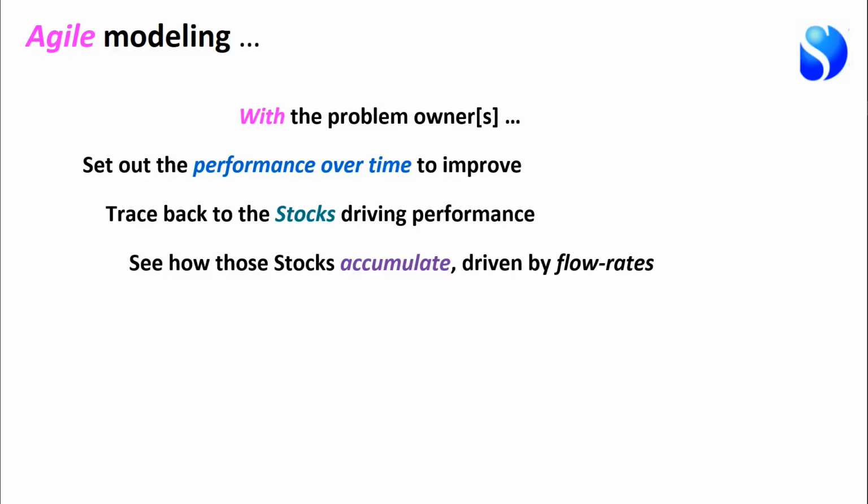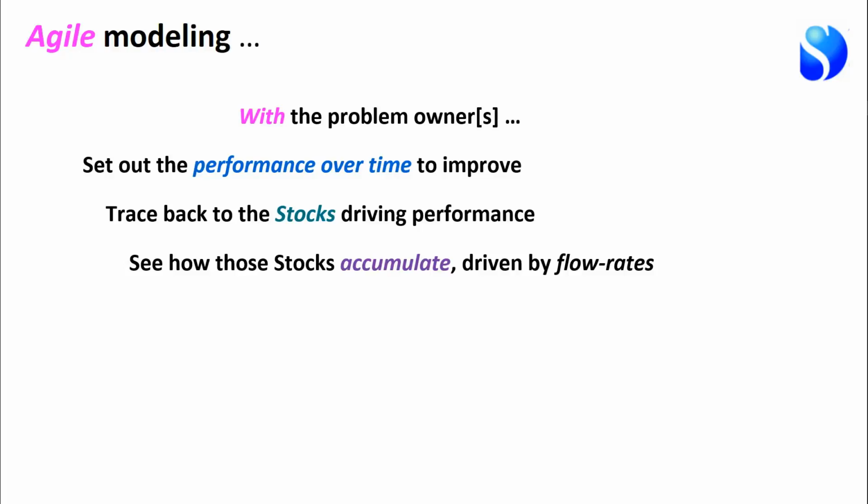So how fast are we winning customers and losing customers? And what does that do to the stock of customers changing over time? How fast are we hiring staff and losing staff and promoting staff through the staff pipeline? Very similar to the way in which your cash accumulates in your bank account or the debt rises and falls on your credit card.